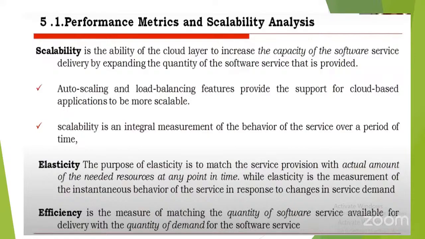So we can say efficiency can be measured with the number of quantities provided for the user requirement, and also with the quality of service provided for the same user needs. This is efficiency.